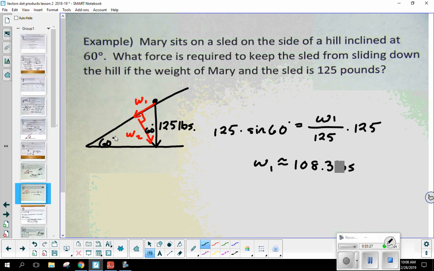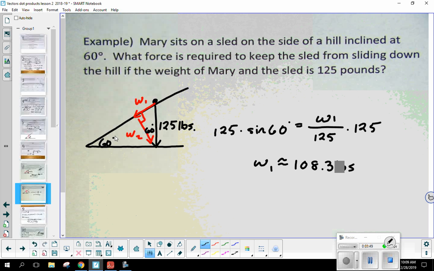And then we started talking about some work problems. Now, work was pretty easy to find. You simply go ahead and take the component form of the force vector and you multiply it by the component form of the distance vector. So how many people had the opportunity to go home and see how much work the gentleman pushing the car did?